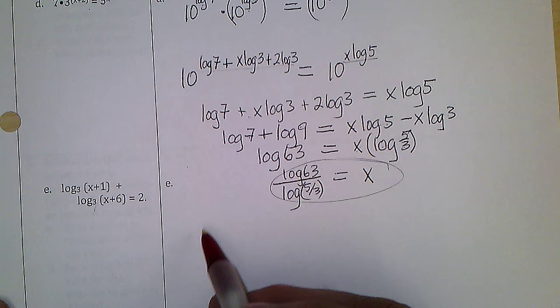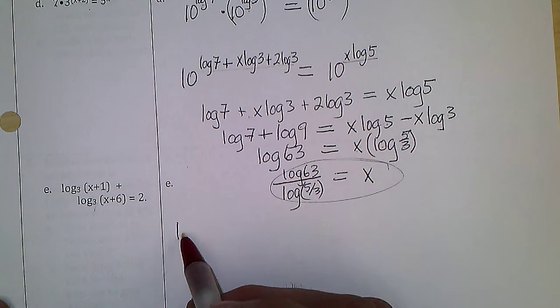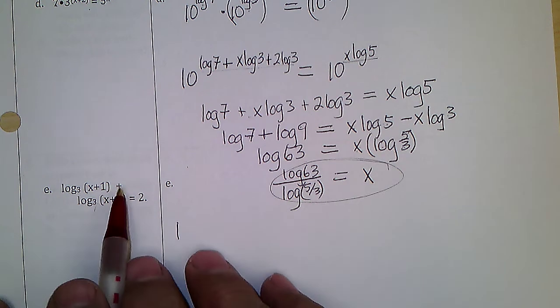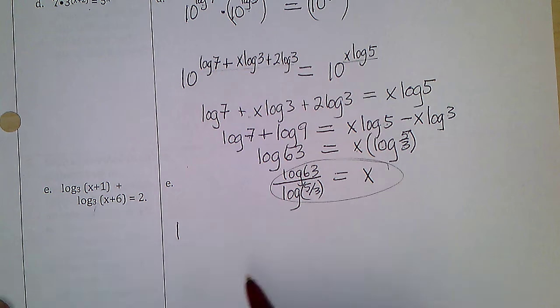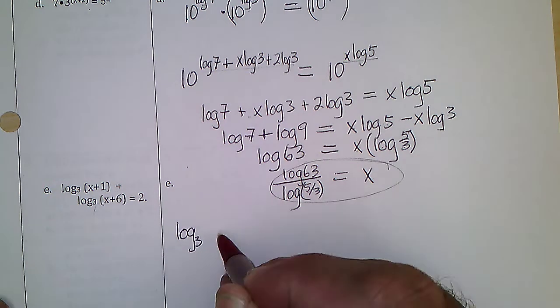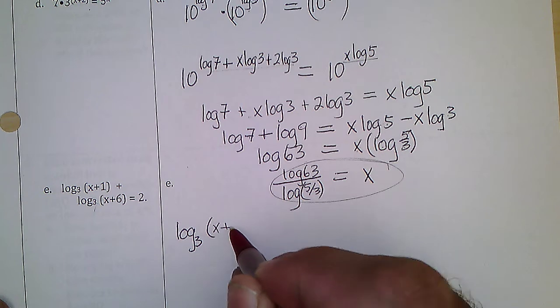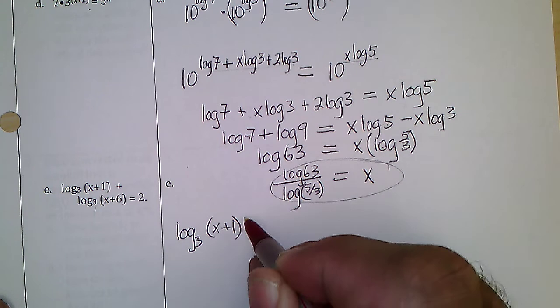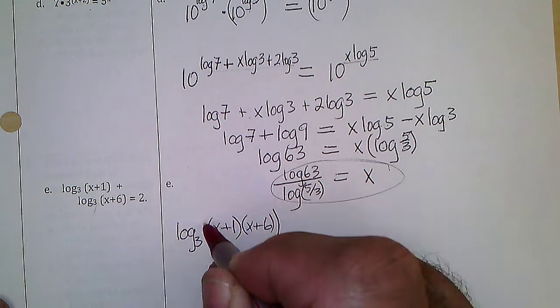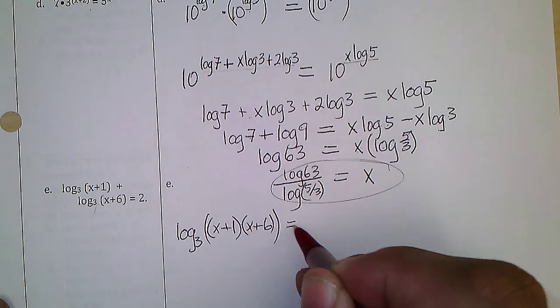Okay, E. So now we have log base 3, log base 3. So let's get it to a single one, and they're added, so that means we're going to multiply. So it's going to be log base 3 of x plus 1 times x plus 6, the log of all of that equals 2.